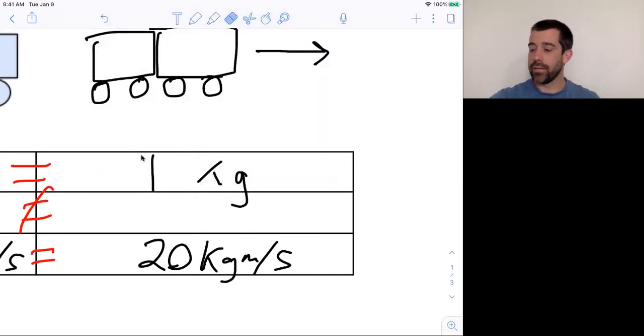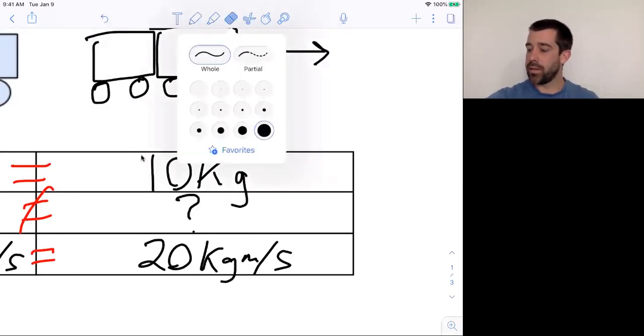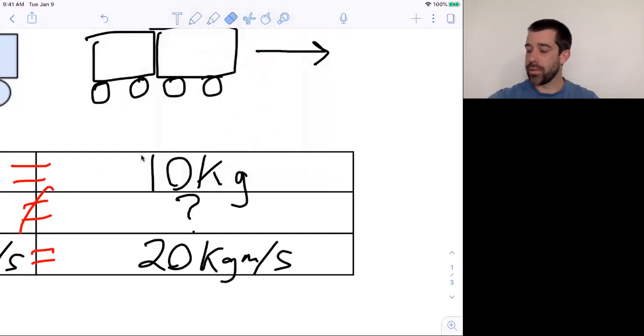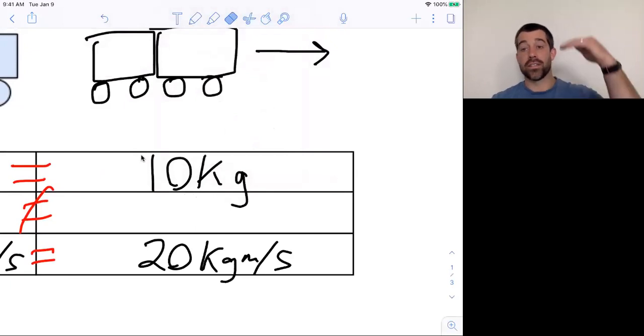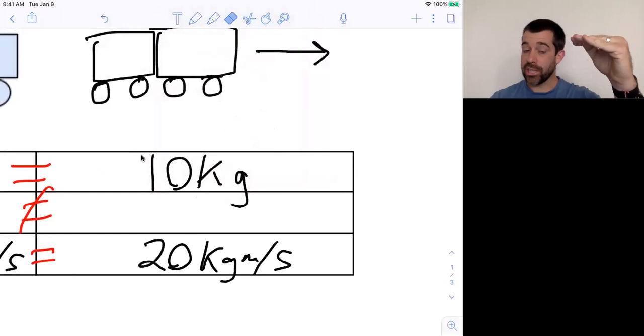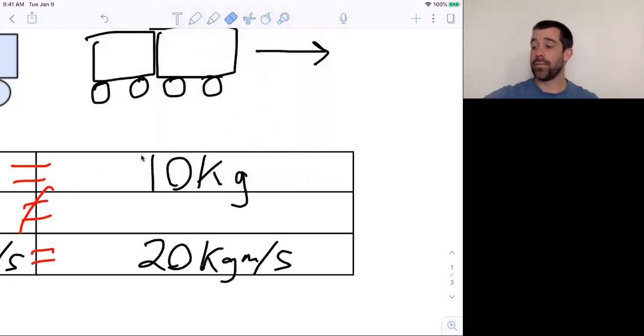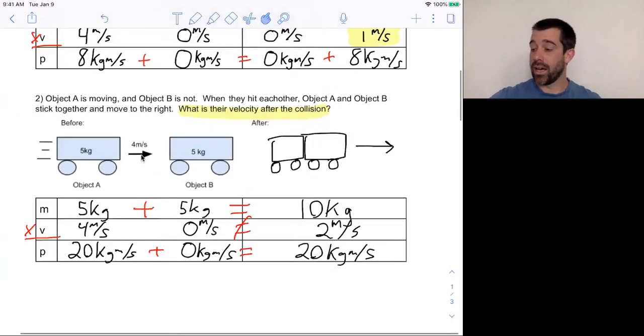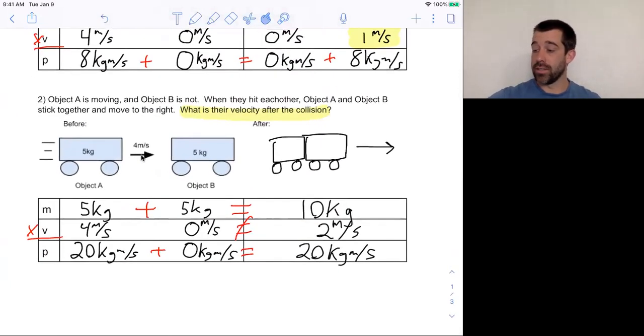The other thing we know is that since 10 times the velocity equals 20, we can take a good solid guess that the velocity is 2 meters per second. 10 times 2 is 20. Once we've done that, we have solved the problem. Our answer is right here. The velocity is 2 meters per second.